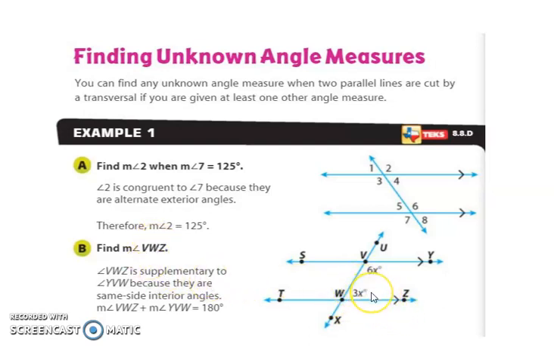So if I know, based on what I know about same side interior angles, that these two together inside of the parallel lines, again, we have our parallel line symbols, inside of these parallel lines, we have 6x plus 3x. That together is going to equal 180 degrees. So if I combine those two like terms, 9x equals 180, x will equal 20. I'll then simplify 6 times 20, 120.